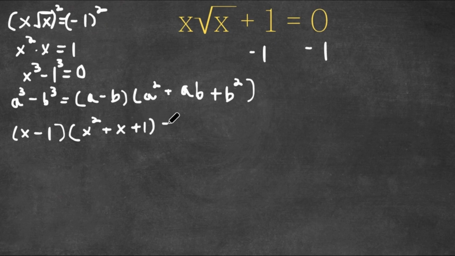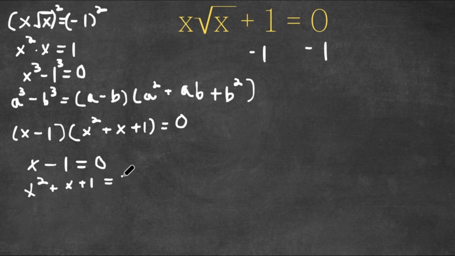And now this is still equal to 0. Now this gives us two equations. We have x minus 1 is equal to 0, and x squared plus x plus 1 is equal to 0.